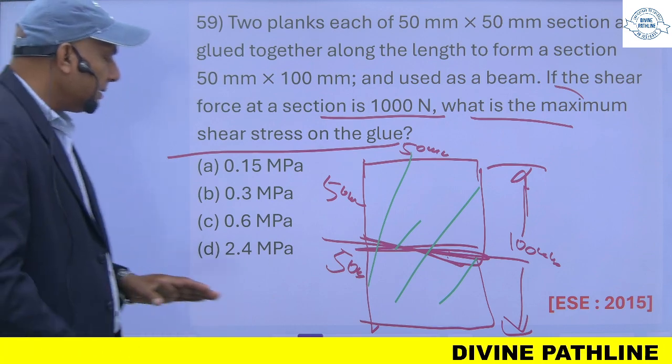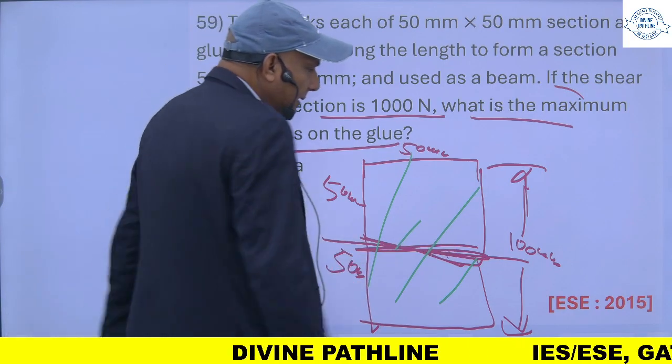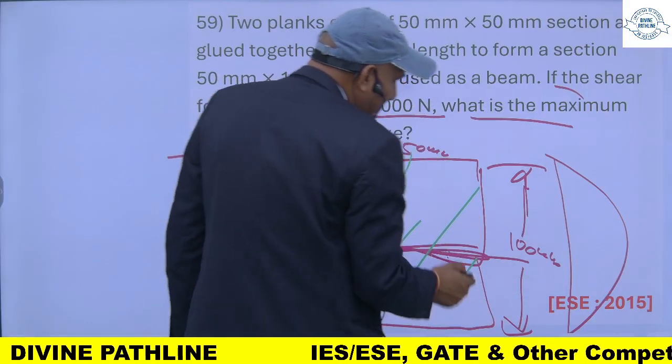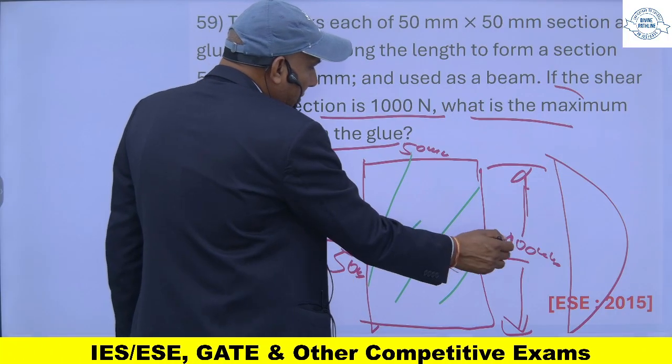Maximum shear stress at the glue: this will behave as a single rectangular section, and the maximum shear stress will be at the half, which becomes the neutral axis.